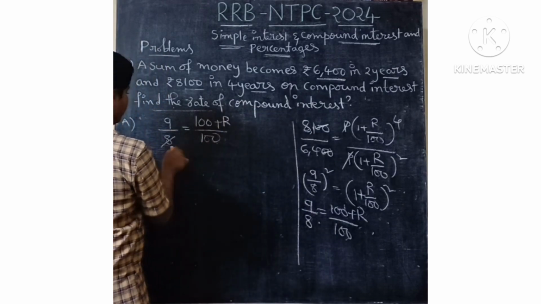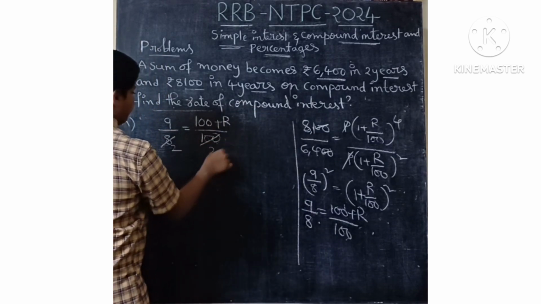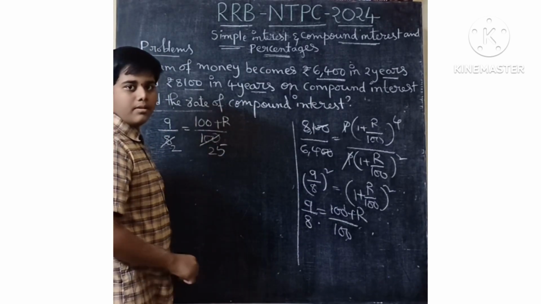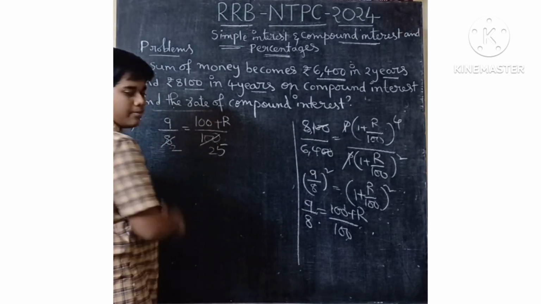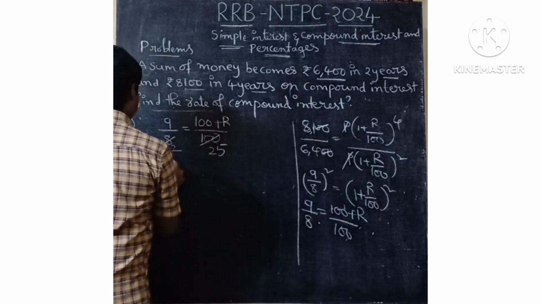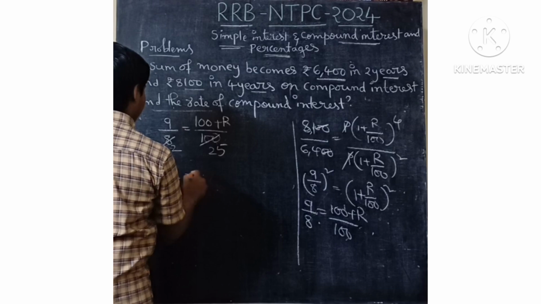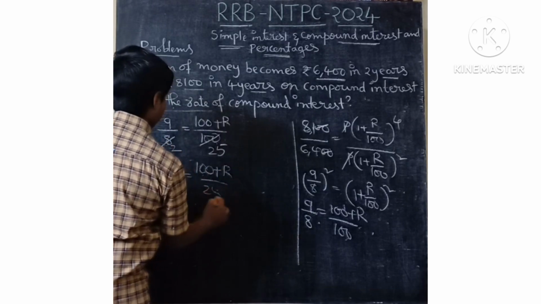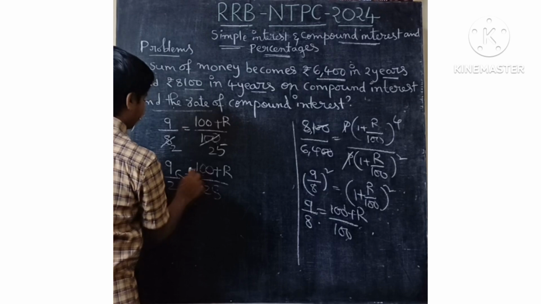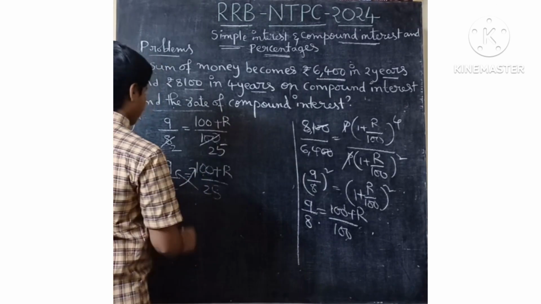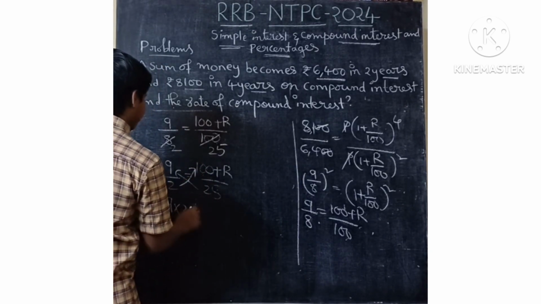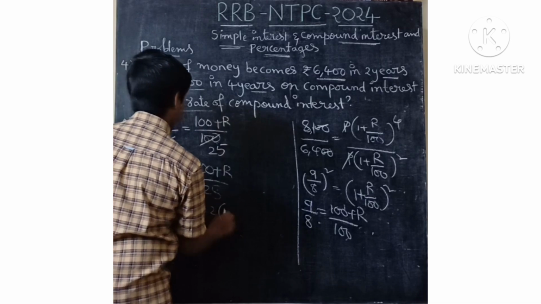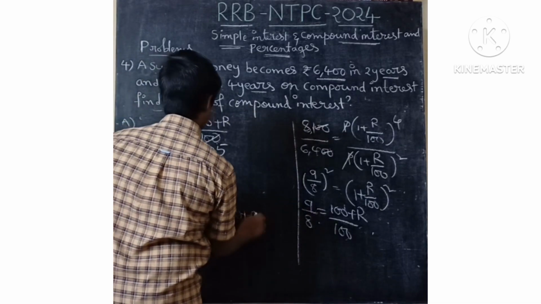So 4 times 25 is 100, because we have to transfer these terms. So 9 by 2 is equal to (100 + R) by 25. Transfer these terms like this, cross multiplication. So 9 into 25 is equal to 2 into (100 + R).